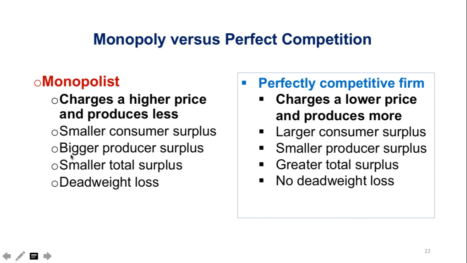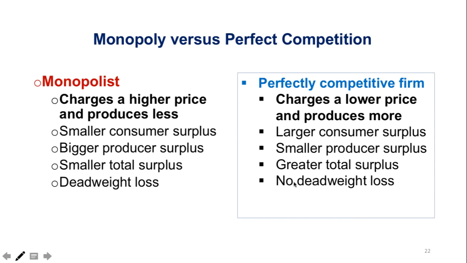In monopoly, the producers do have a bigger producer surplus, but in total there is a smaller total surplus in monopoly than in the perfectly competitive market, because there is a deadweight loss in monopolies.